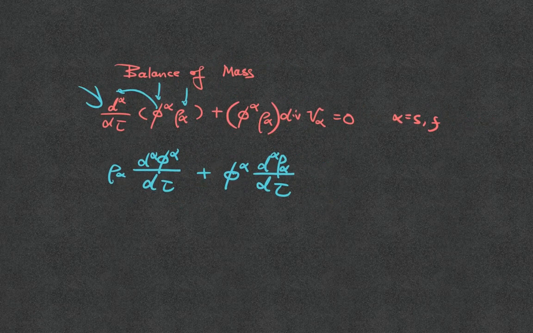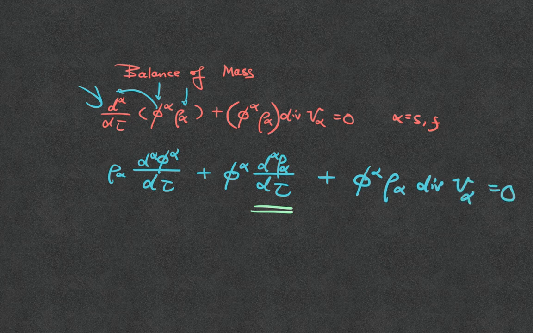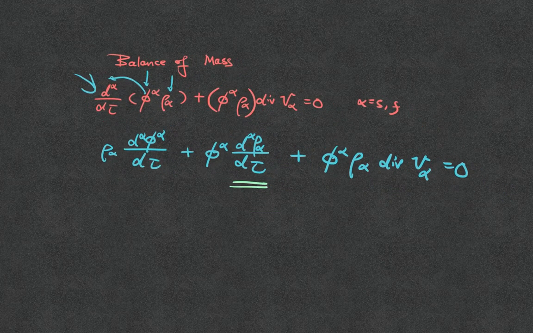Now this term, previously in the incompressible case, is simply zero, right? Now it exists. And plus the term that we already have in the previous derivations, the divergence term. So far so good? This is just coming from the product rule.